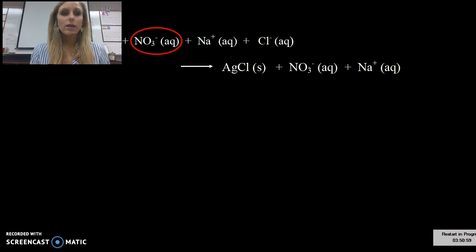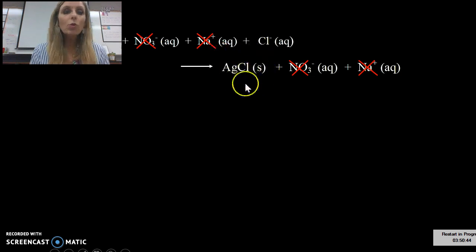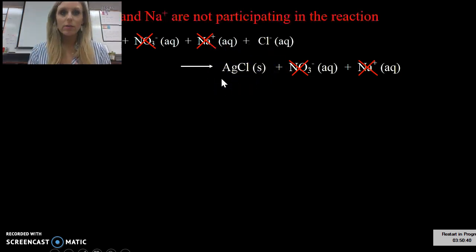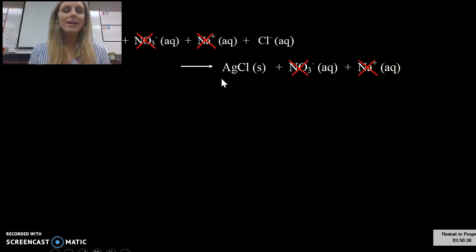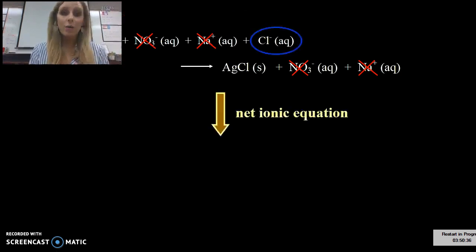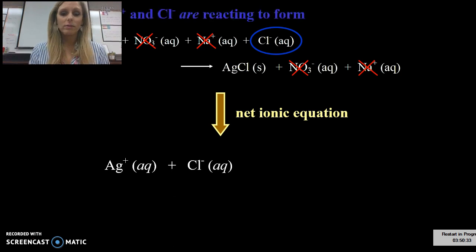The nitrate doesn't change. He doesn't do anything. He just sits back and watches. The sodium, nothing happens to him. He just sits back and watches. So we cross those out. If they are not involved in your precipitate in the products, then they are spectator ions. So your net ionic equation is written without the spectator ions.